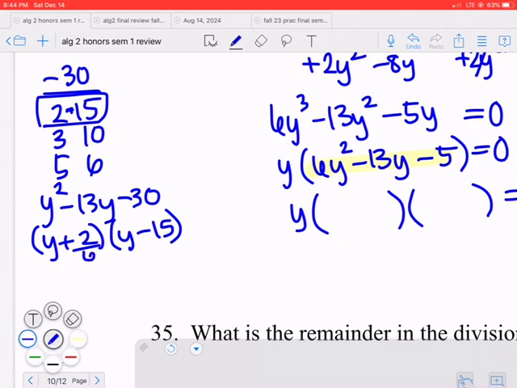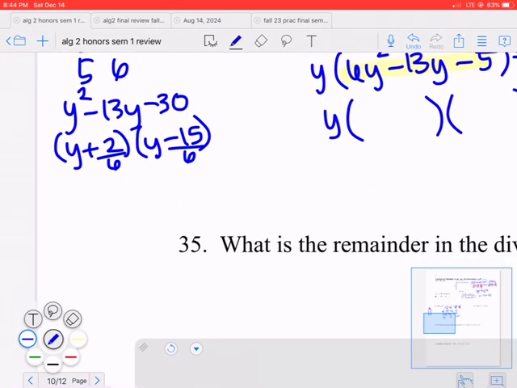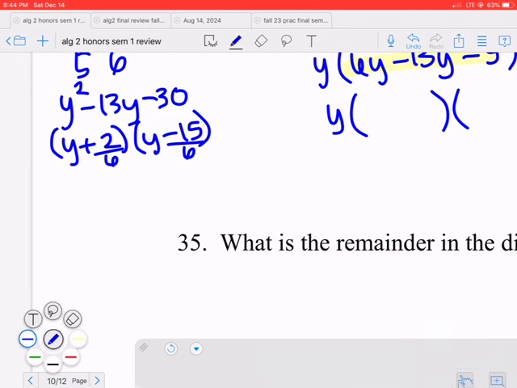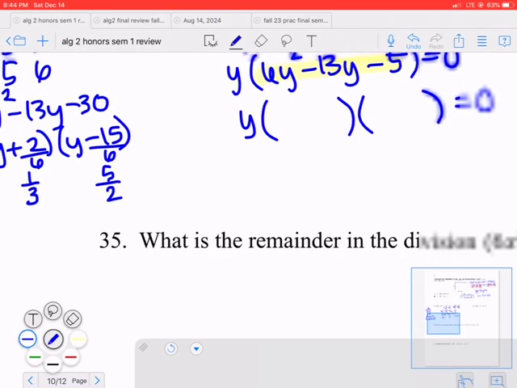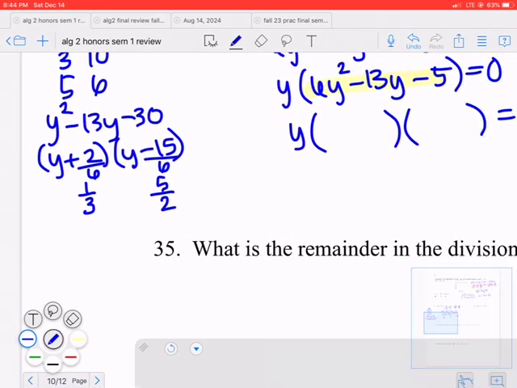We got to put it back in, and both of those simplify. Divide by 3, divide by 3. So then we would have 3y plus 1, sorry, I was looking at 2, 6. 3y plus 1 and 2y minus 5.